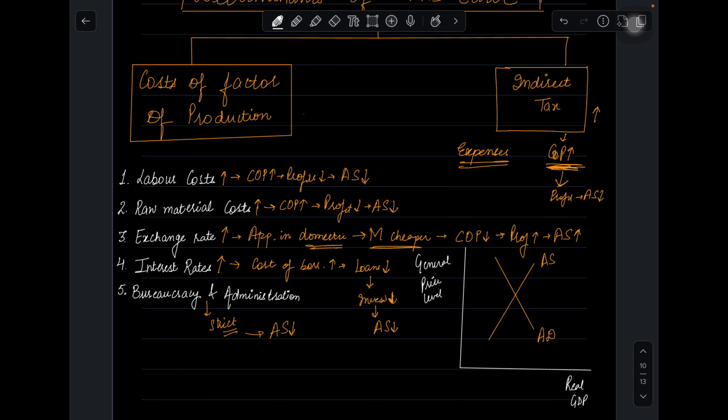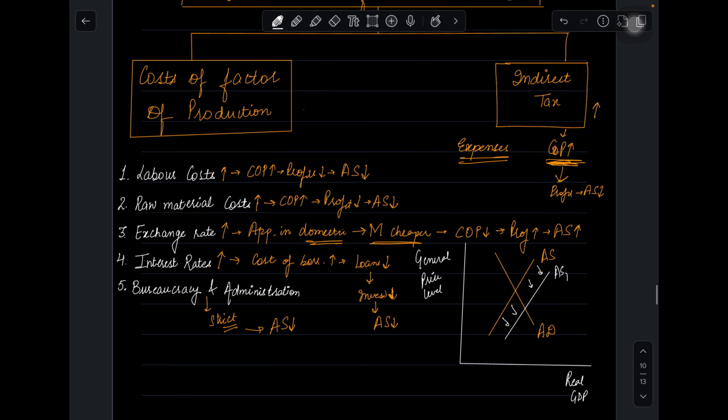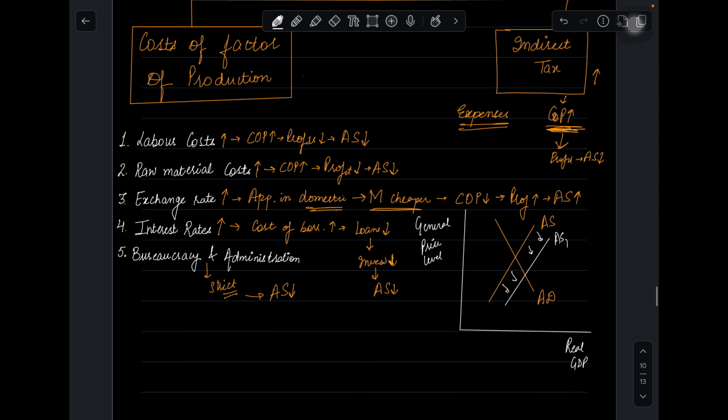If the change is favorable, the aggregate supply curve will shift to right. This is in case of favorable shift. And in this case, real GDP will increase from Q to Q1 and general price will decrease from P to P1.